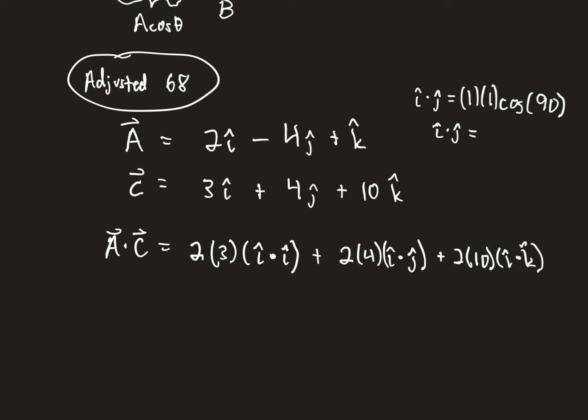Serious, calculators, get them out. Plug in cosine 90. Okay, what do we get? Are we all getting negative 0.45? Yes. I got negative 0.45.